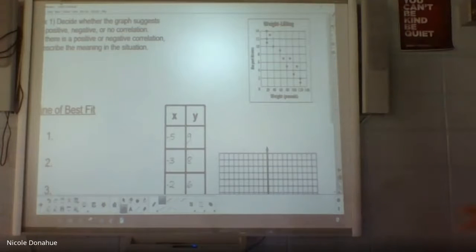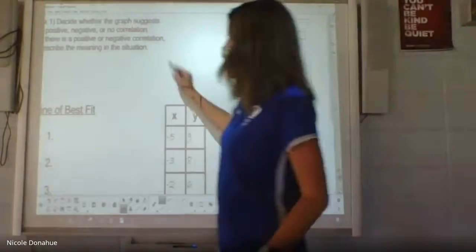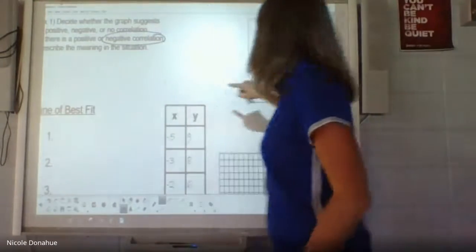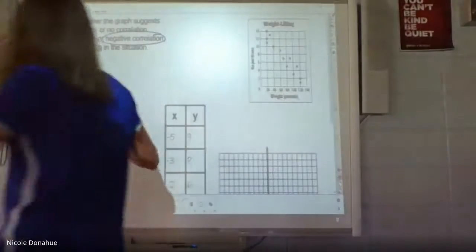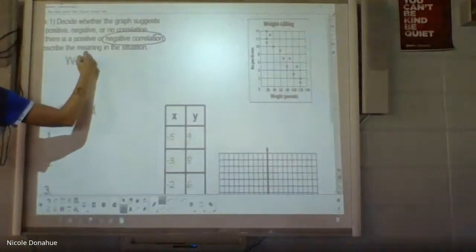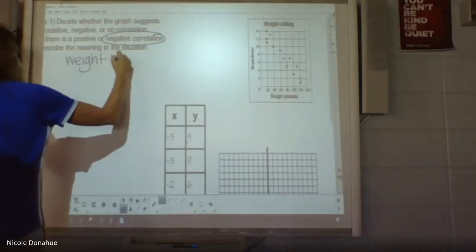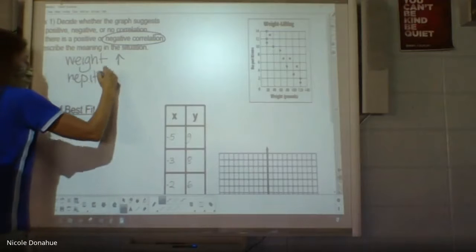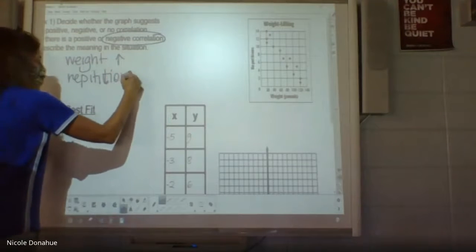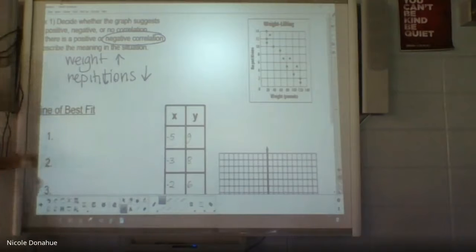Well, that's not very tough, it's not much weight. So this would be a negative correlation, because as the weight goes up, it's harder to lift the weight, so you can do less. So how many you can do goes down.